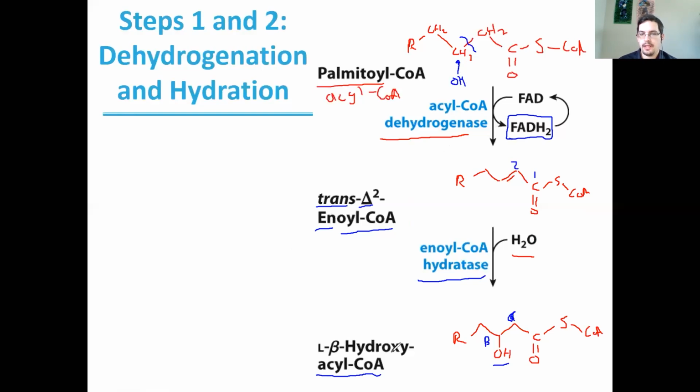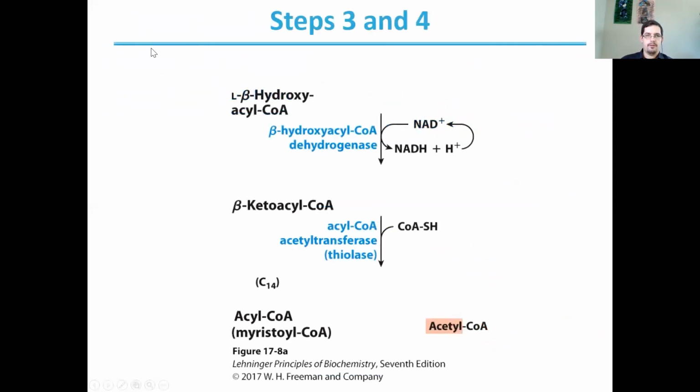So the names really indicate exactly what we're looking at in terms of the structure. So now we have our alcohol here. So you've got our thioester, our alcohol, 2 carbons away from the thioester. So that's L-beta hydroxyacyl-CoA.